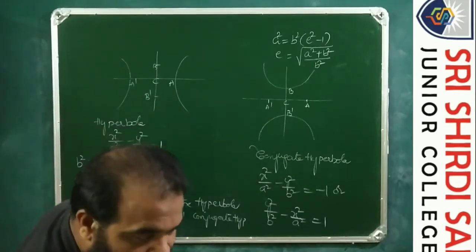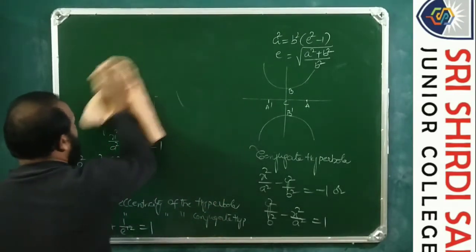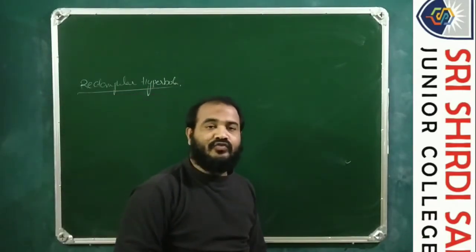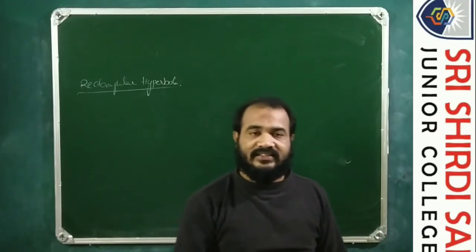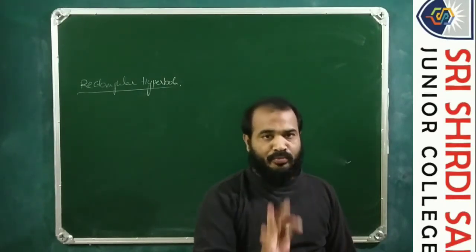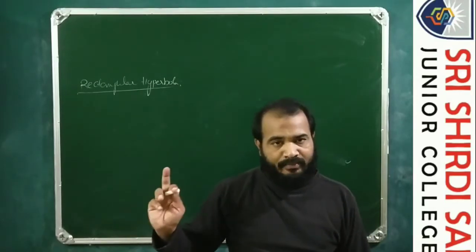And the next concept is the rectangular hyperbola. A hyperbola in which the transverse axis and the conjugate axis are the same is said to be a rectangular hyperbola.